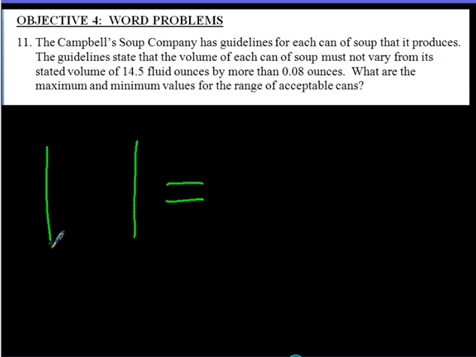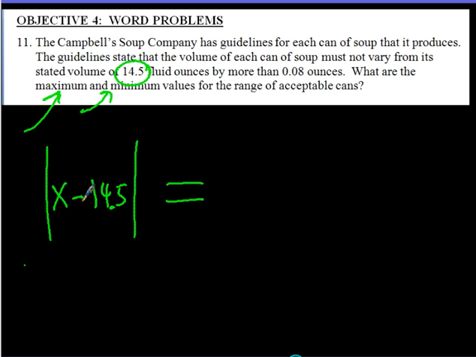The ideal volume is 14.5. The goal, the ideal volume, what I'm varying from, is going to go here. The actual amount that I have in the can isn't necessarily 14.5. That's the part we're solving for. That's the part that's going to be my maximum and minimum. So that's x.